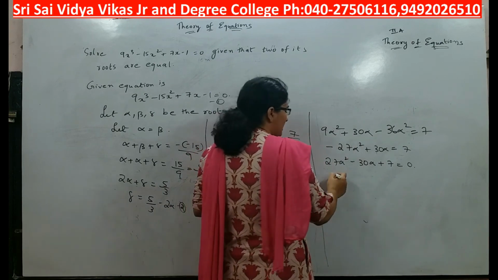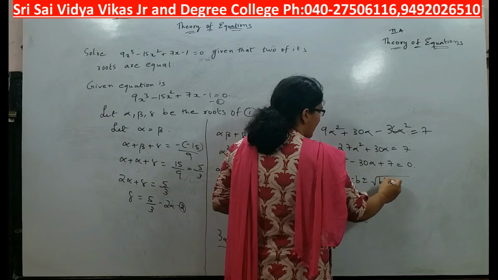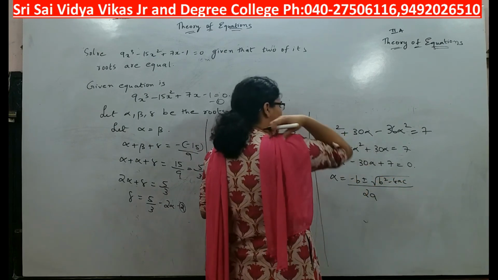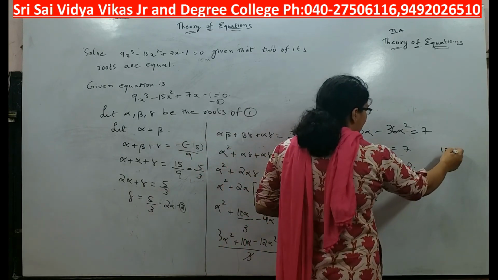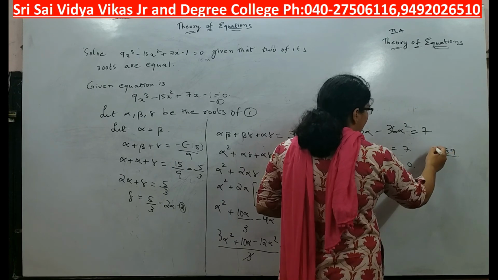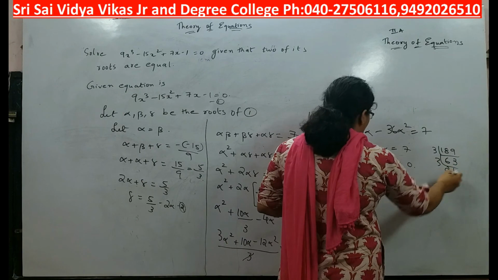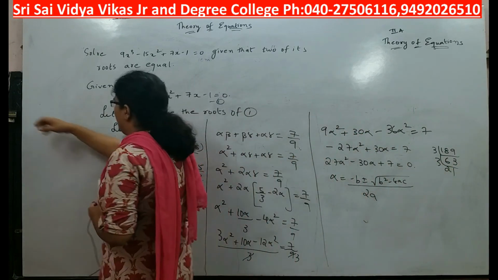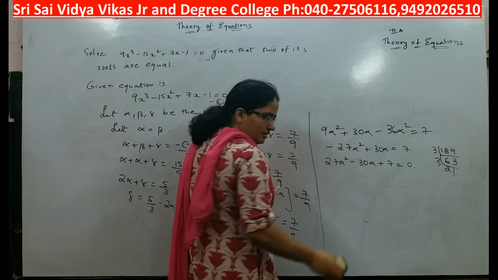Now, what is the alpha value? By the quadratic formula, (−b ± √(b² − 4ac))/2a, or factorize: 27 into 7 is 189. You can take 21 and 9 as the factors, right?